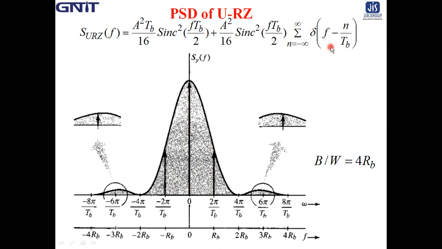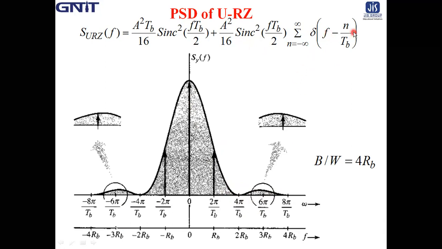Now for n equal to 2, that is 2RB. But in case of 2RB, there is no amplitude, because it is multiplied with the amplitude of the sinc pulse. So the sinc pulse again touches the omega plane, so there is no amplitude. So at that point, we will not get any impulse.